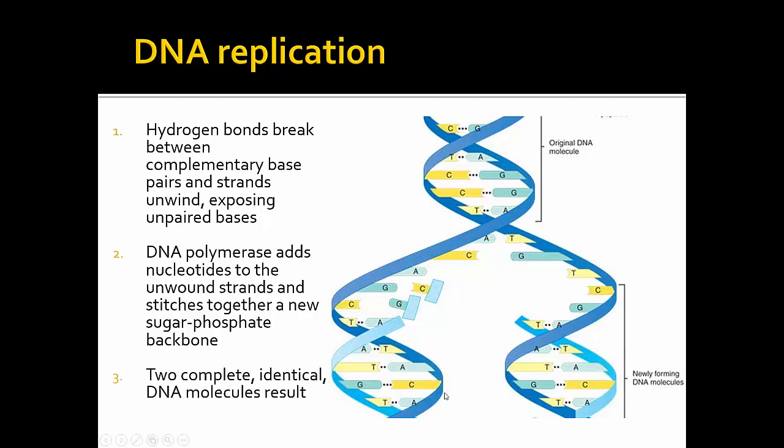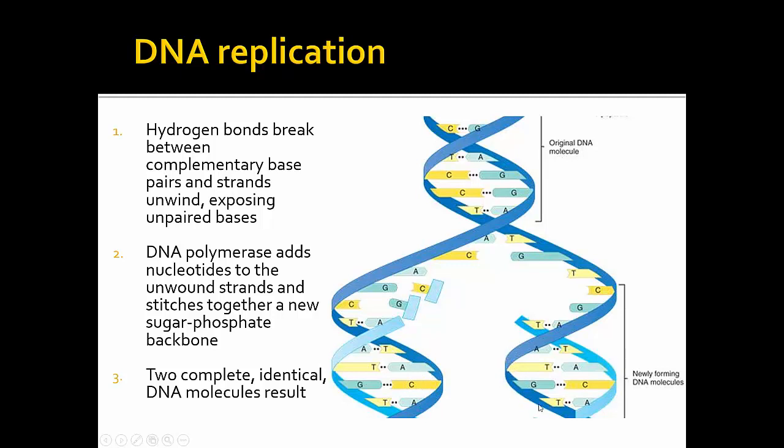As a result, you end up with two complete and identical DNA molecules. So look down here, you can see the dark blue is the strand that's come apart. Okay, that's what they're showing you. That's the dark blue, that's the original strand. So they've pulled apart, and the DNA polymerase is adding these light blue free nucleotides onto the other end. So this original strand had ACAT, this one had TGTA.